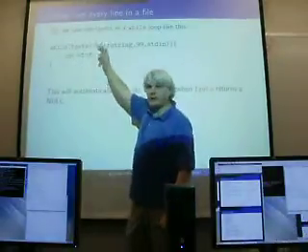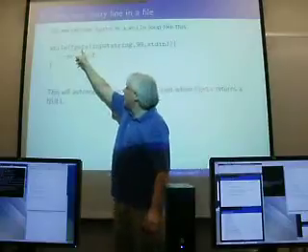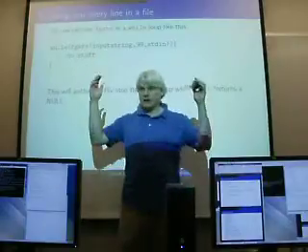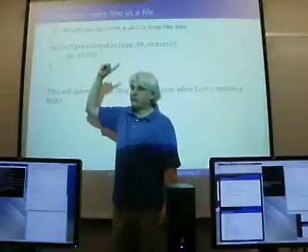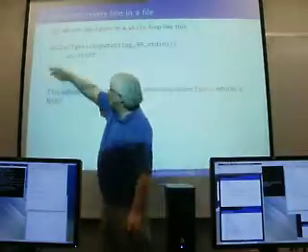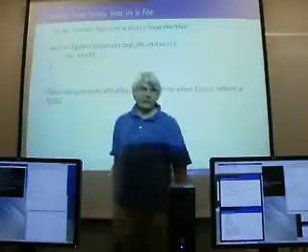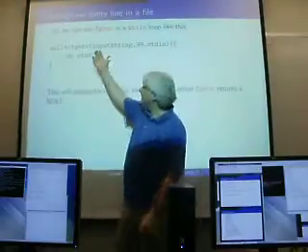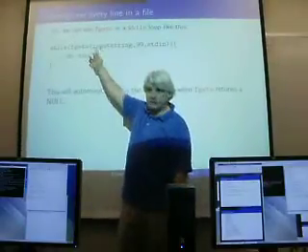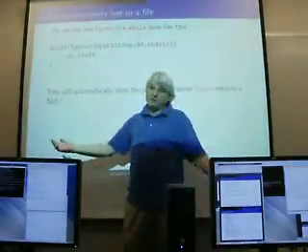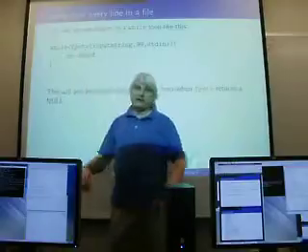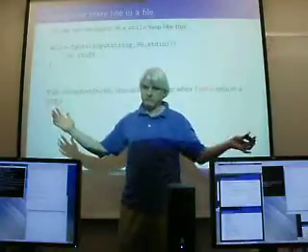It just keeps looping over and over again, as long as fgets returns something that isn't 0, that isn't null. The moment fgets returns null, this loop stops and it goes on with the rest of the program. So this is exactly what we need to read every line in a file when we don't know how many lines there are. This will automatically tell us, I hit the end of the file, we're done.